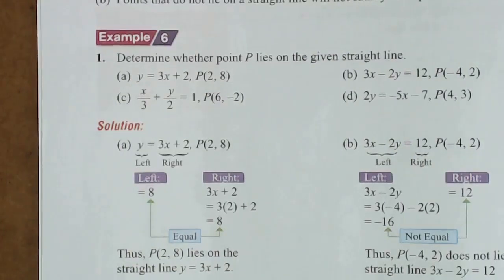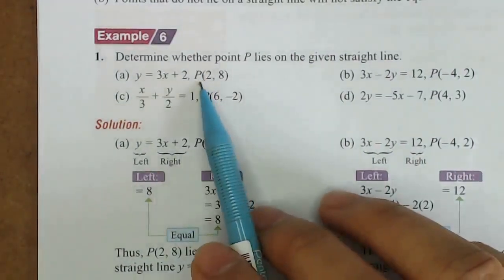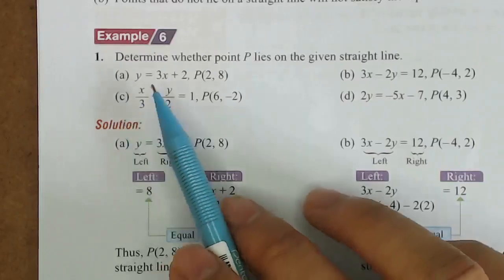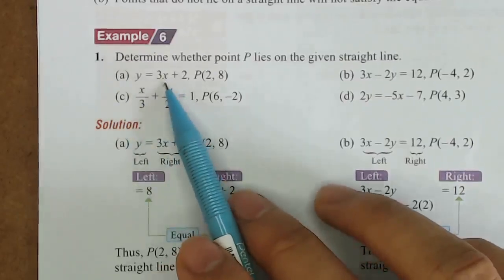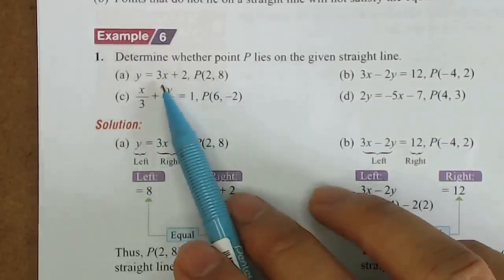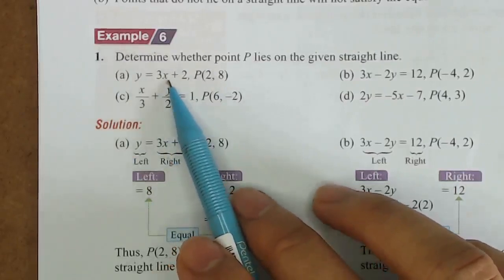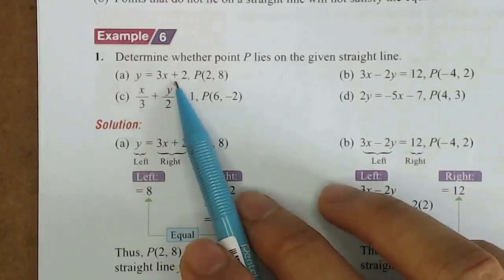What does this tell you? 8 equal to 8. It is on the straight line. What is on the straight line? The coordinate P. That this point P is really on this straight line. Okay, we cannot see the straight line.